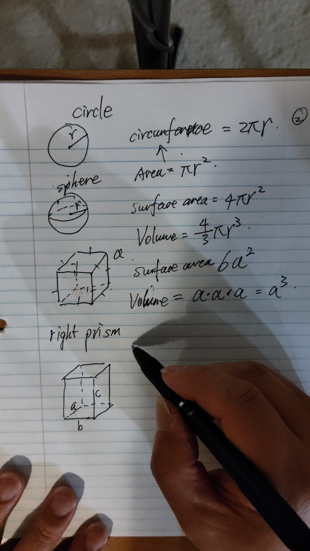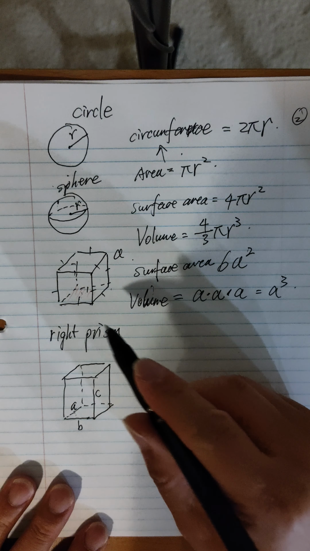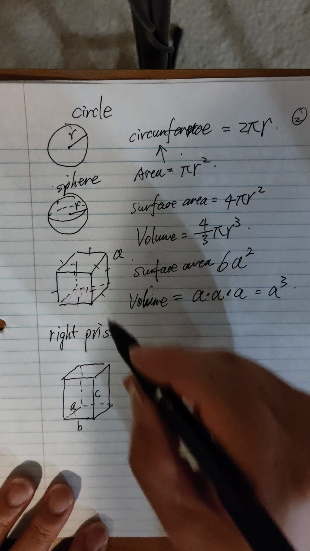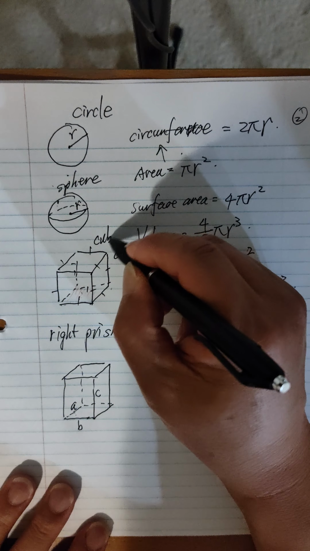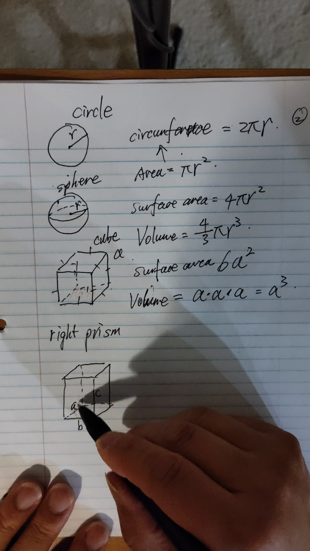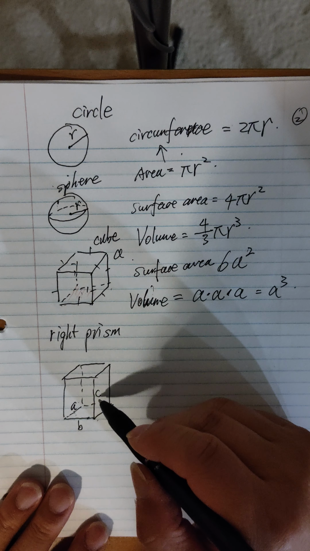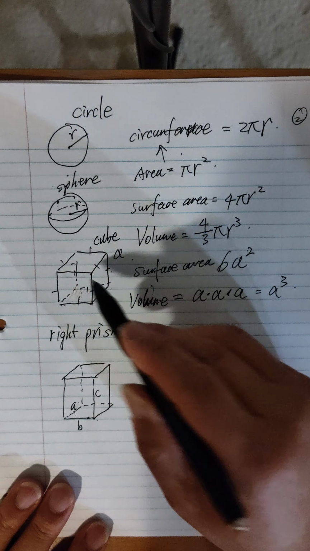Again, the surface area is kind of like a cube, but the difference is that each side is a different size, whereas in the cube each side is the same.